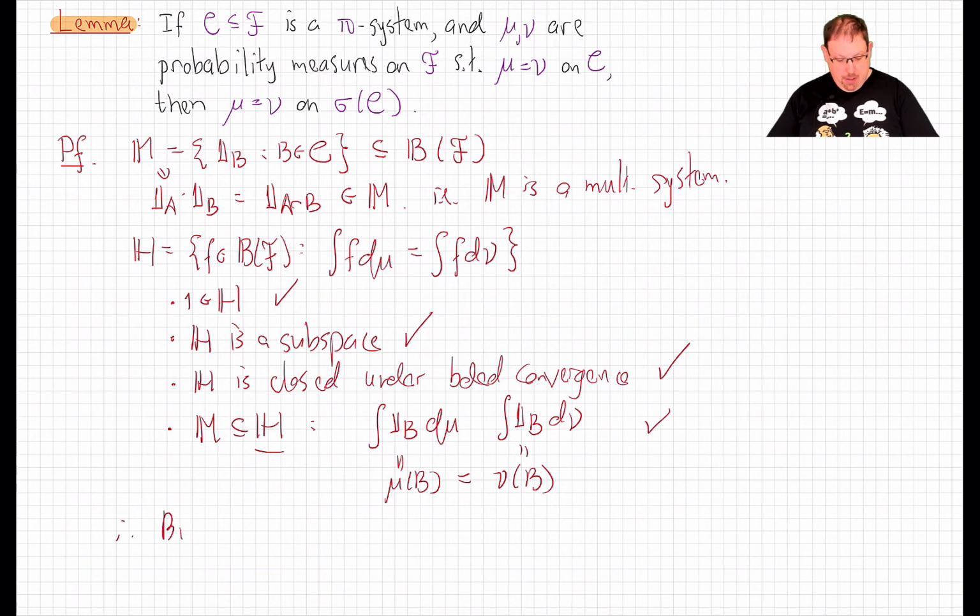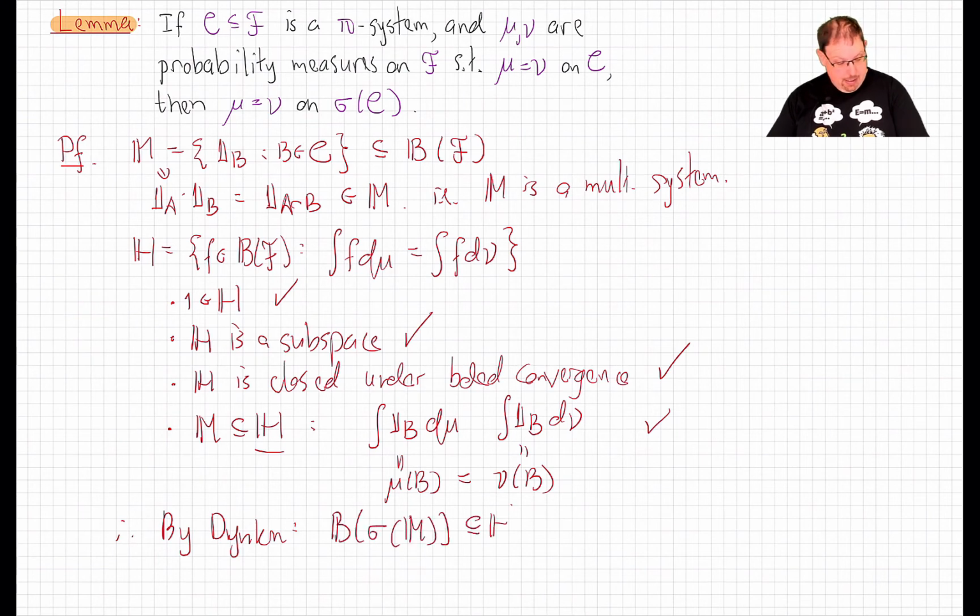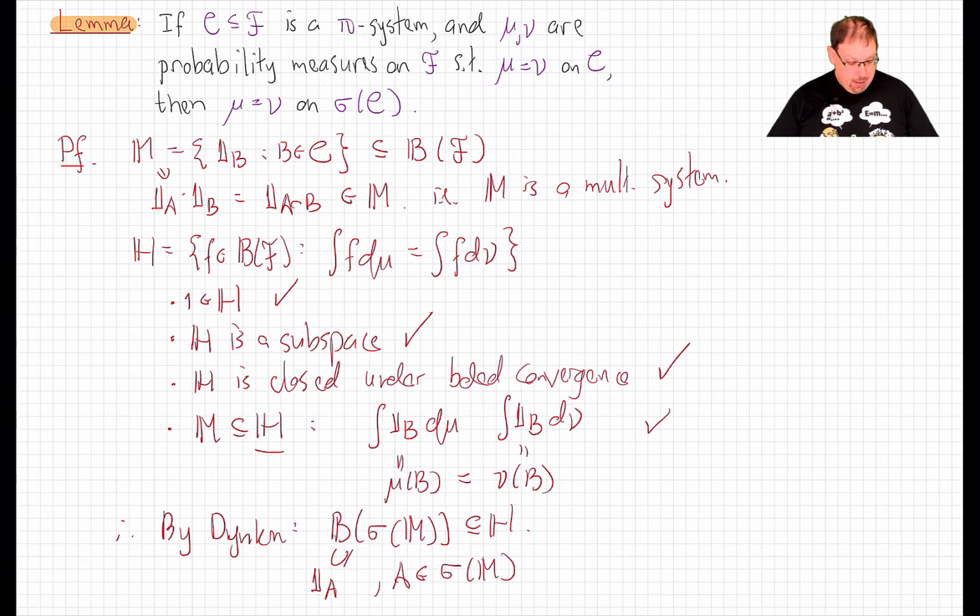Therefore, by Dynkin's theorem, we conclude that the space of all bounded sigma of M measurable functions is contained in H. Now, certainly among those are the indicator functions of events A in that sigma field generated by M. But what is the sigma field generated by M?